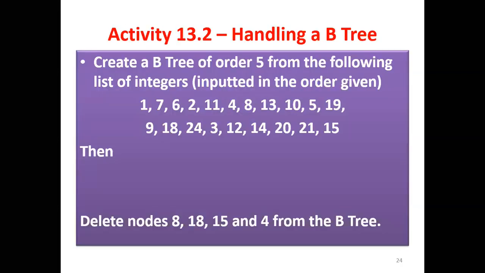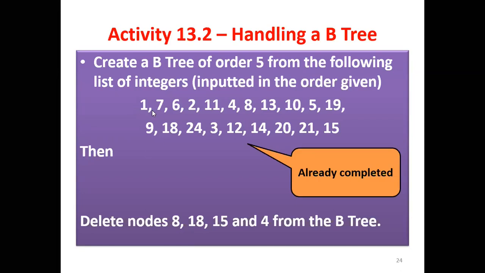Now, let's look at this example where we are given a list of data items to create a B tree and then delete data items 8, 18, 15, and 4 from the B tree. Already we've created the B tree in the previous slides, so let's bring it forward.